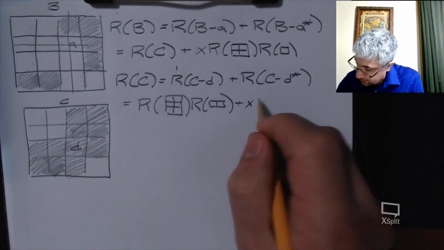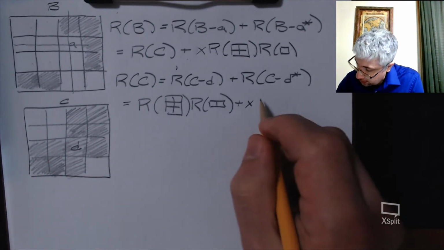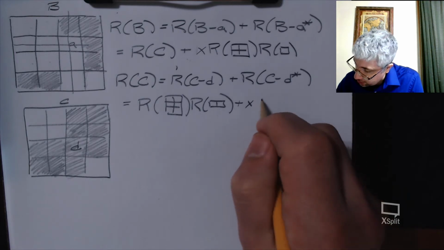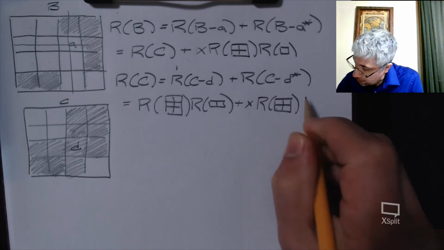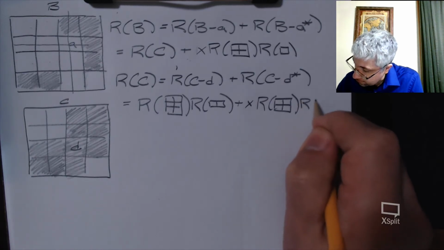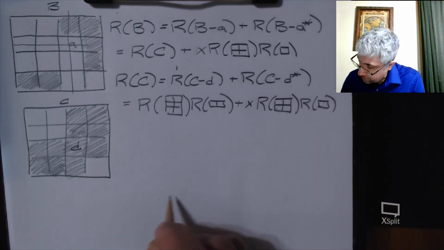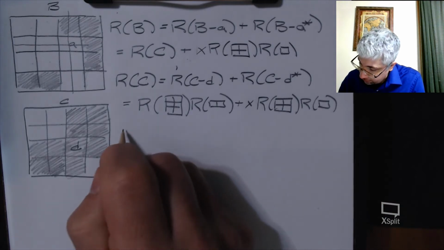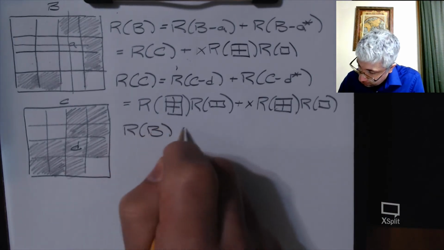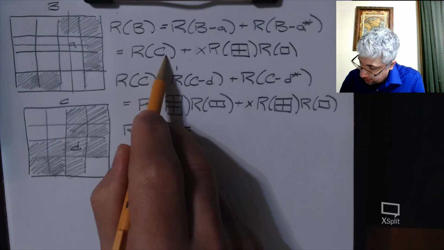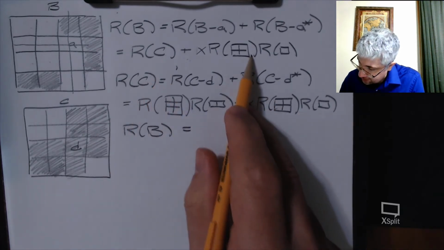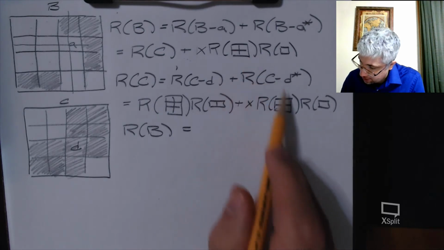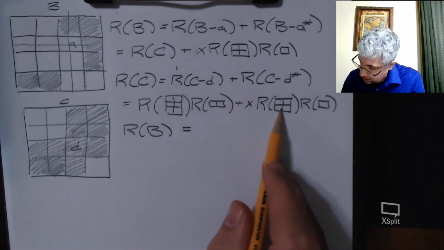Plus, now I am putting a Rook in D. And this is going to give me a 2 by 2 times a 1 by 1. So I get for my total, for my R of my board, R of C, which is this, plus this. Notice that this matches, right?